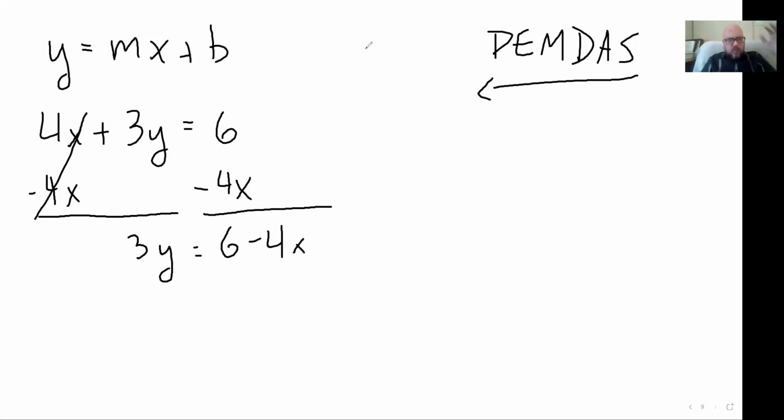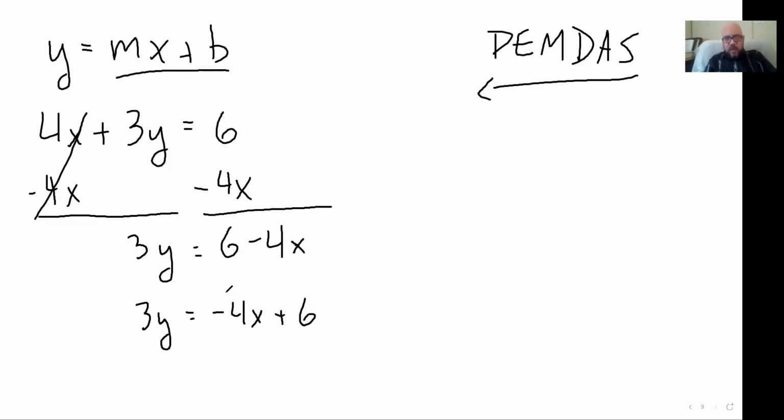Now, I'm going to make a sort of aesthetic decision here to write it in this form with the x's first and the numbers after. When I say the numbers, I mean the constants, the things with no variables, after. So I'm actually going to rewrite this as 3y equals minus 4x plus 6.